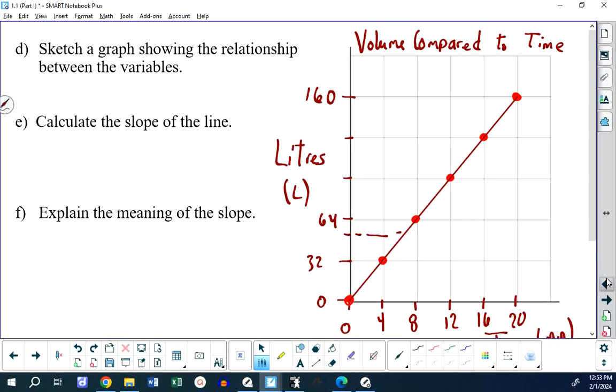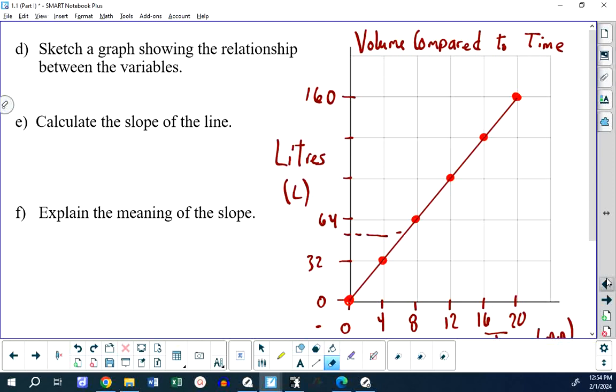You can have any volume below that. Should we do this? No, because when the barrel's full, it's full. The barrel can't hold more than 160 liters. So our graph in this question is simply going to end there.